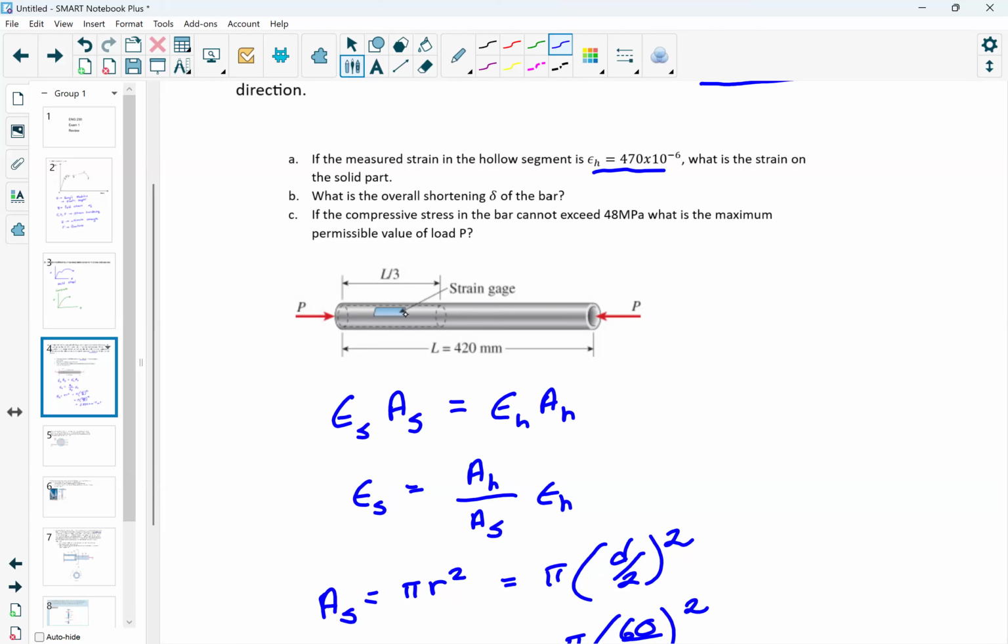And so the strain throughout this, if I measure the strain here or here or here, because of where that force is, it doesn't matter where I measure it, it's going to be the same, but we have a problem with the area.